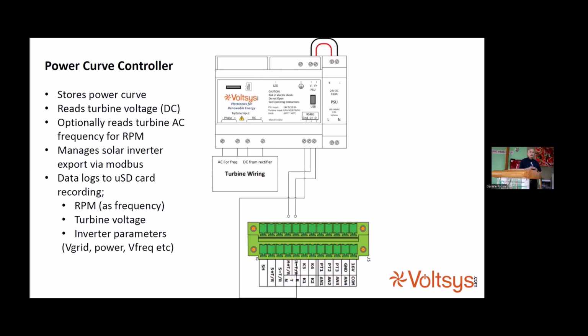It also data logged, as all of these controllers that we make data log to an SD card every second. All the information on the turbine speed, the turbine voltage, the anemometer if you have one for wind speed, the inverter voltage, the grid frequency, the grid power, and all the fault conditions on the inverter and anything else that's worth saving. And it's great for diagnostics. When something goes wrong, we can pin the tail on the right donkey.